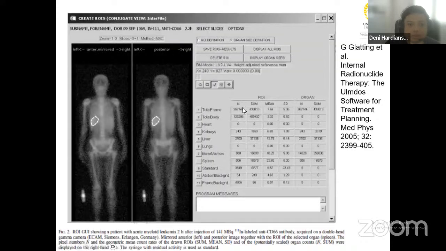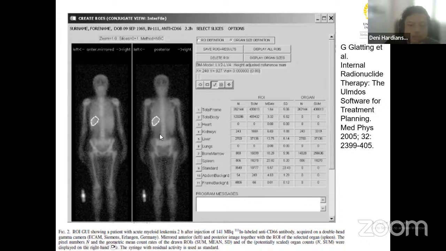Here is one example from the software that we can use for individual dosimetry. As you can see, we perform the scan for a certain patient, and here we have two images from one scan. This one is from the anterior, and this one is from the posterior.